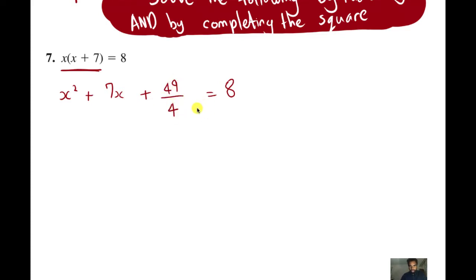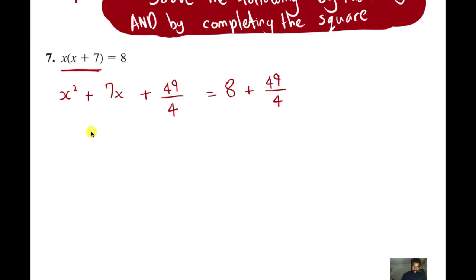Okay, and of course in mathematics, if you add something to one side of the equation, we also need to add it to the other side of the equation so it stays balanced. So we add it over here, plus 49 over 4. Okay, and we can erase this weird thing that I've put there. Now what can we do?